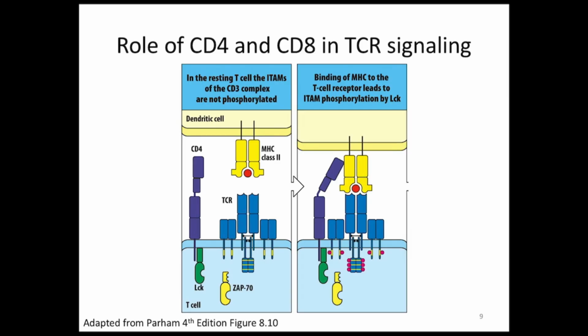And when we put this kinase right next to all of those ITAMs, suddenly the kinase can phosphorylate the ITAMs, and we get these little pink dots, which are the phosphates. And so if we don't have CD4 or CD8 and CD3 to be partners with the T cell receptor, we can't actually get any signals through the T cell receptor. So that's kind of why they're part of the co-receptor.